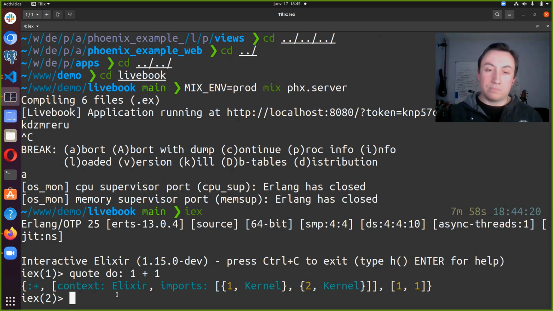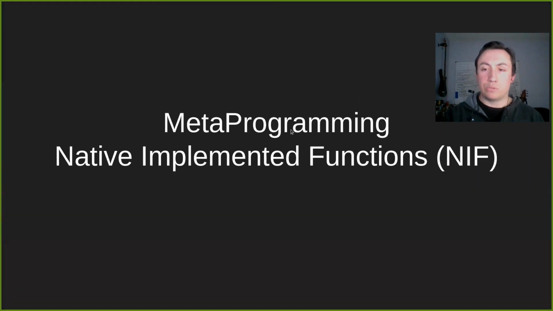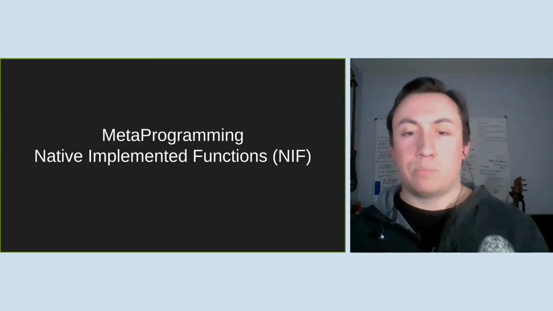So metaprogramming can be really easy to access in a way, but it can go really far, and it shouldn't be done lightly, especially if you use languages that allow huge options on metaprogramming. Then we have natively implemented functions.